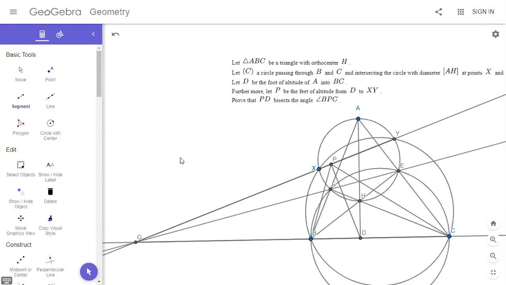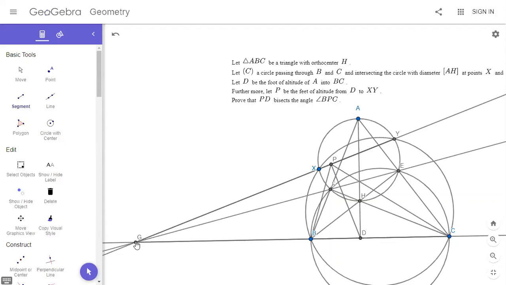Just for Rom, do you know the idea that if AD, BE, and CF are concurrent, then B, C, D, and G are in harmonic conjugation? Have you seen that theorem? Yeah, I've seen it somewhere. So basically, B, C, D, and G are in harmonic conjugation.